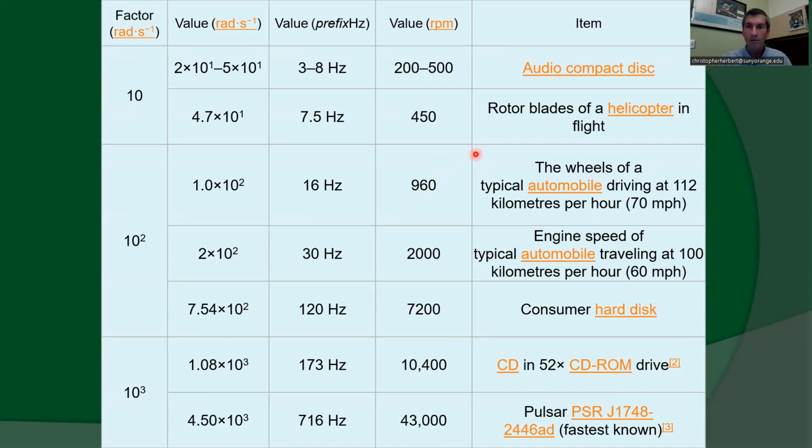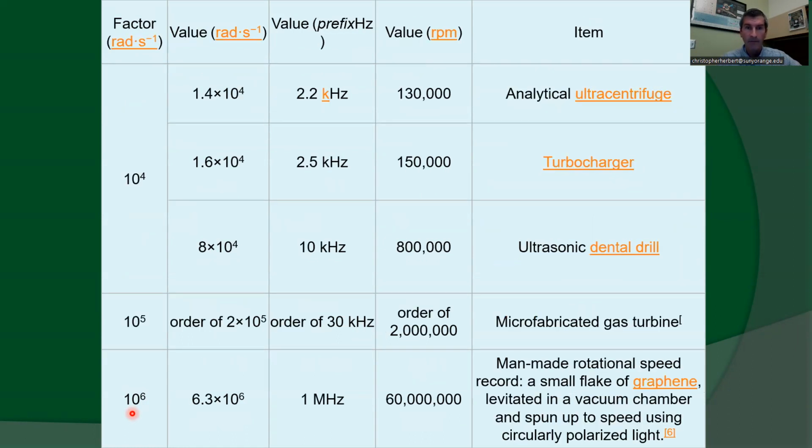Faster things, rotor blades on a helicopter. Here we have about 47 radians per second. And we'll be talking about pulsars, especially when we get to angular momentum. There we have about 1,000 radians per second. Faster and faster, a dental drill.